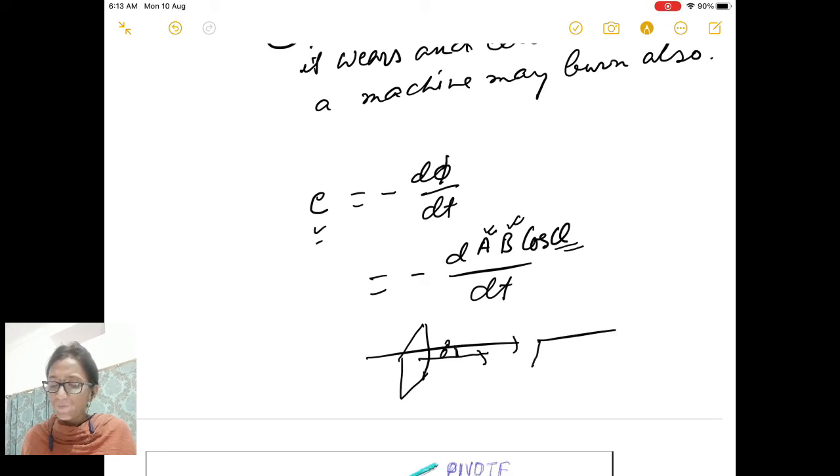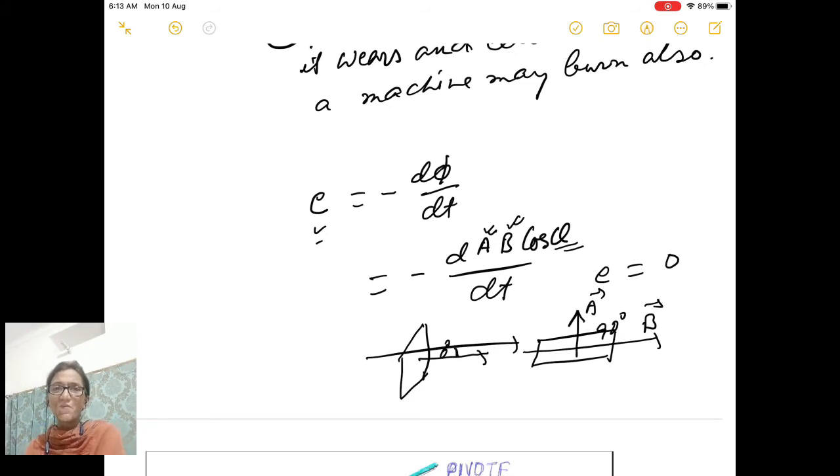But if the rectangular plane surface is in the plane of the magnetic field, then the area vector and magnetic field are at 90 degrees, and EMF will then be reduced to 0.